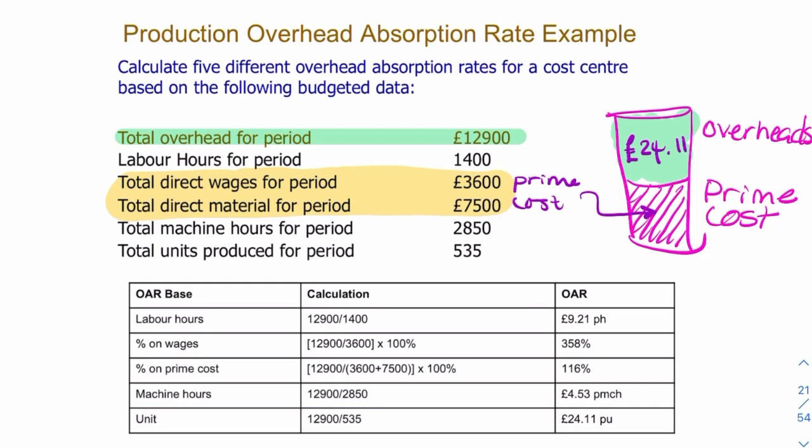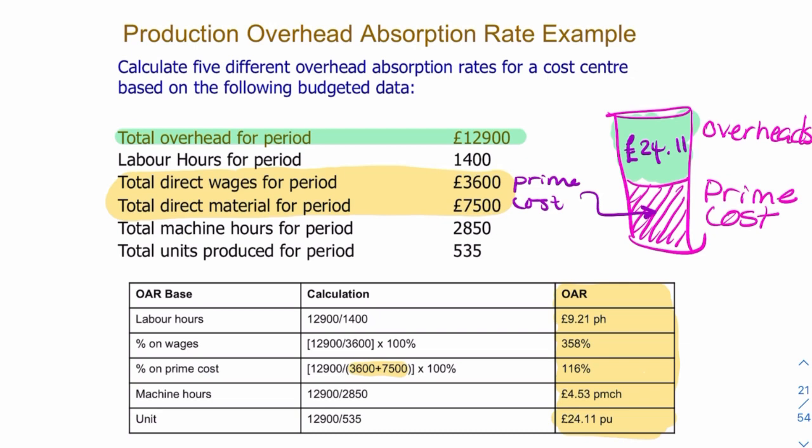So together, that's 3,600 plus 7,500. And if you divide the two, multiply by 100, that'll give you your percentage of prime cost. And you can do the same for the machine hours and the same for the wages. So that gives you this column here, which is the different overhead absorption rate bases. And we're going to use this in the following slide to calculate the unit cost.